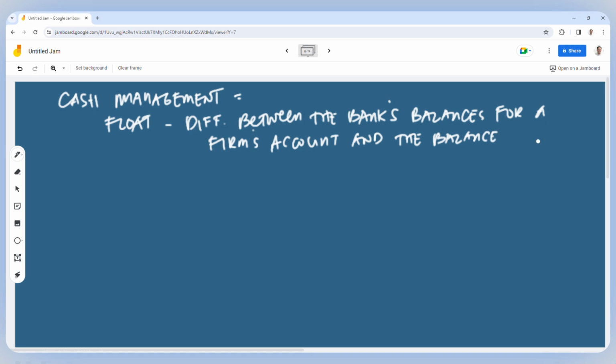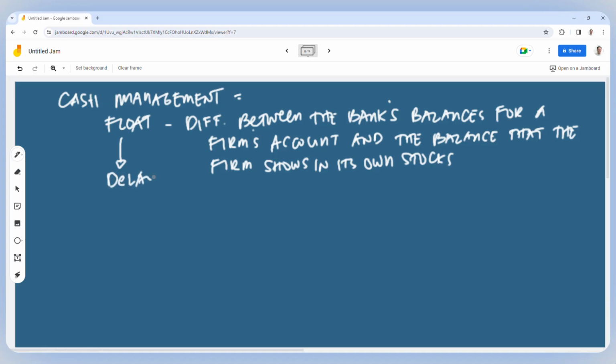And the balance that the firm, okay, that the firm shows in its own stocks. Class, anong ibig sabihin ng float, no? In other words, there would be a delay. Okay. Alright. Kaya ang class, may tinatawag tayong negative float.